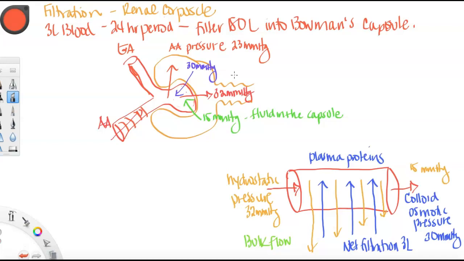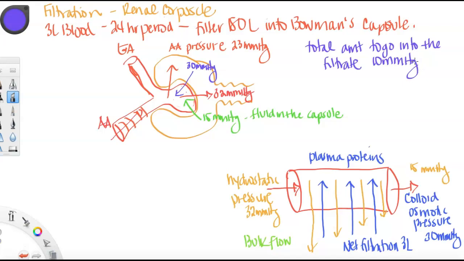The total amount going into the filtrate is about 10 millimeters of mercury pressure that gets it in there.